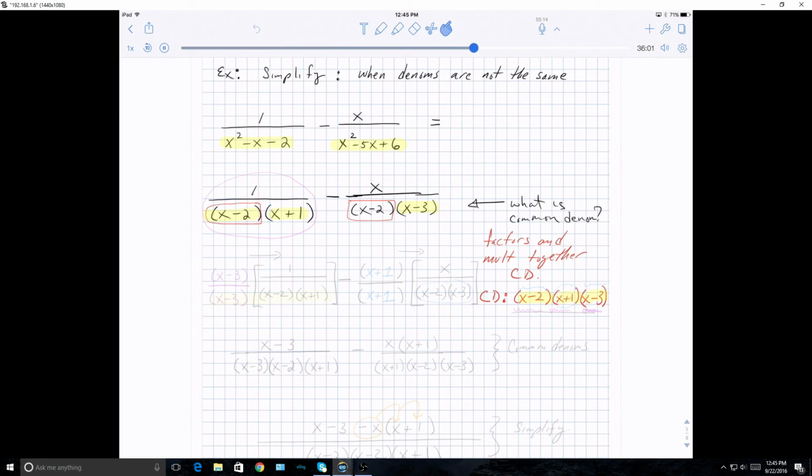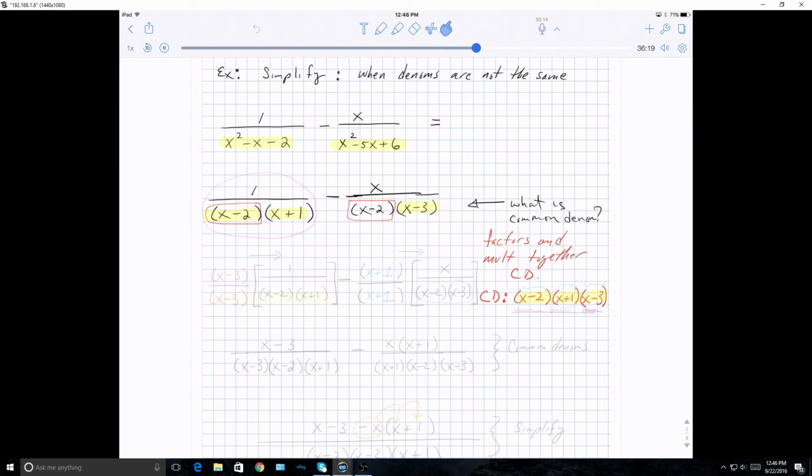It's going to look kind of bad at first, but just know that you're only multiplying each rational expression by 1, and you'll see what I mean in a second, I hope.